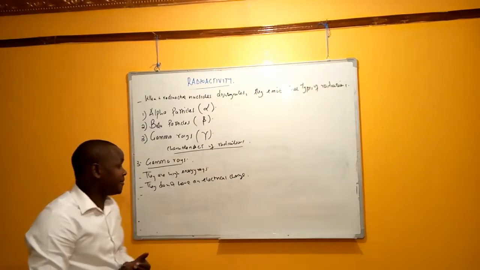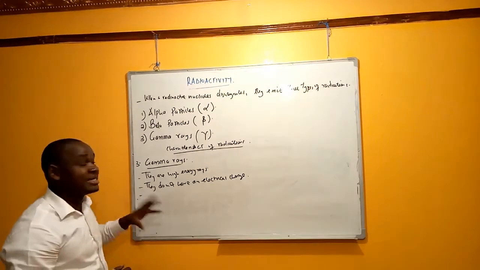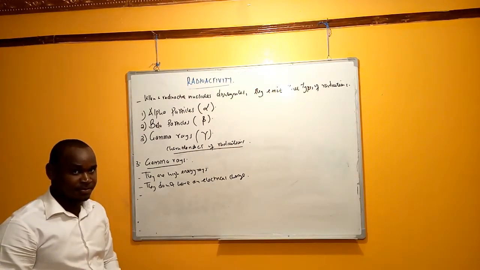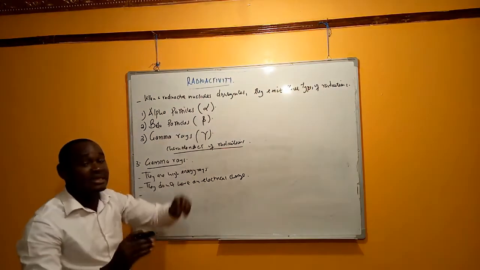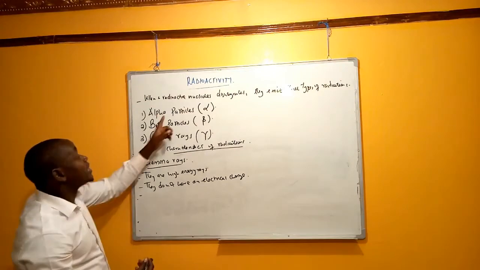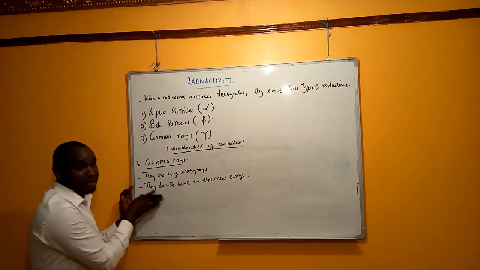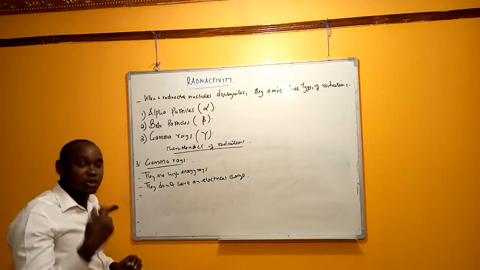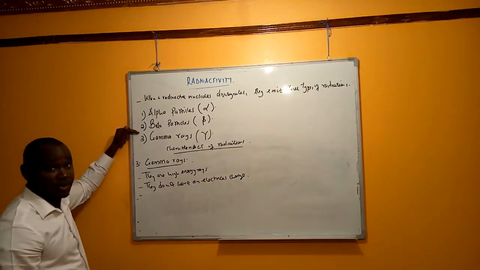And another most important characteristic of gamma ray is that it is never emitted on its own. We can have alpha particles emitted. Once a radioactive nuclide has disintegrated, we can have an alpha particle emitted on its own. However, we shall never have gamma rays emitted on its own. It actually accompanies the emission of either of the two.